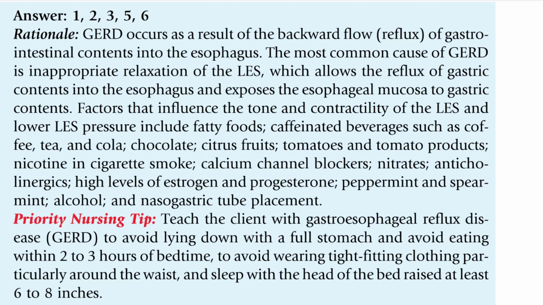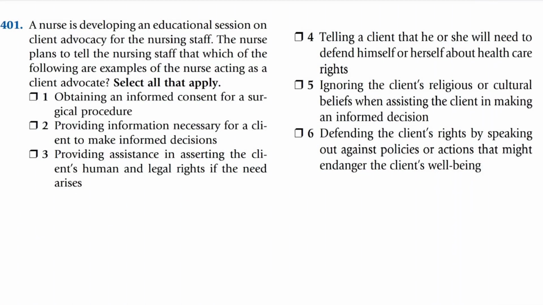Factors that influence the tone and contractility of the LES and lower LES pressure include fatty foods, caffeinated beverages such as coffee, tea, and cola, chocolate, citrus fruits, tomatoes and tomato products, nicotine in cigarette smoke, calcium channel blockers, nitrates, anticholinergics, high levels of estrogen and progesterone, peppermint and spearmint, alcohol, and nasogastric tube placement.